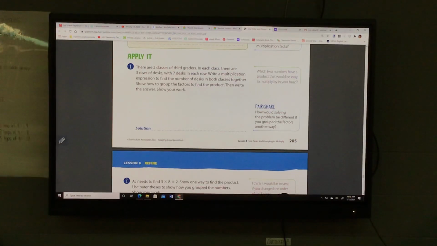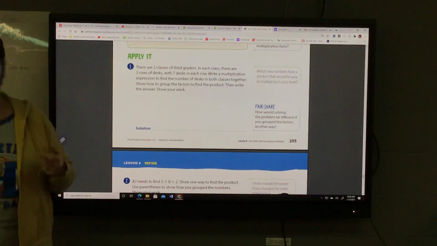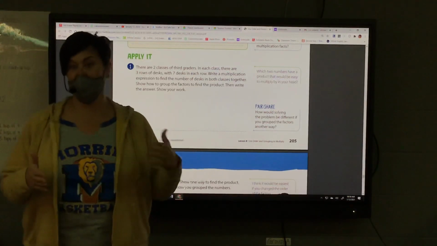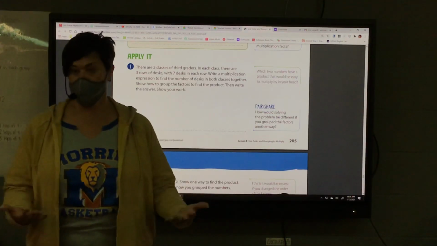Is there just one? No. Just 2? How many are there? 3. Oh, there's 3 factors. Okay, so now you have those factors identified. You can decide the order that you want to put them in to make it easier for you to be able to multiply it all together.